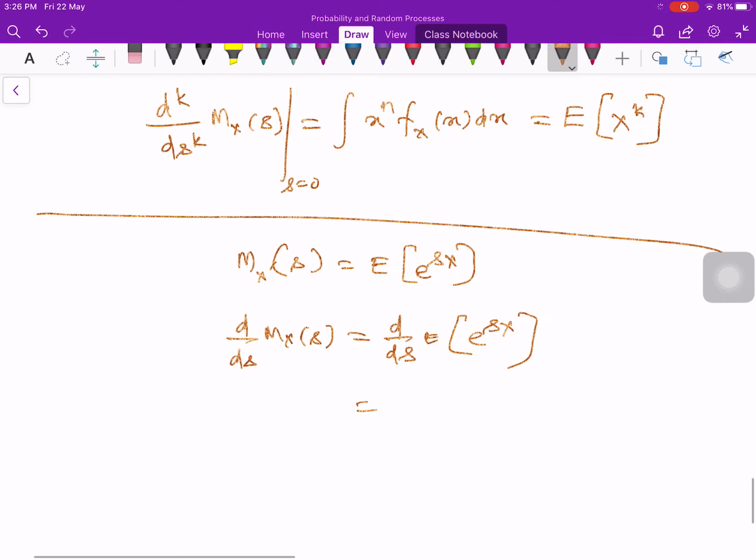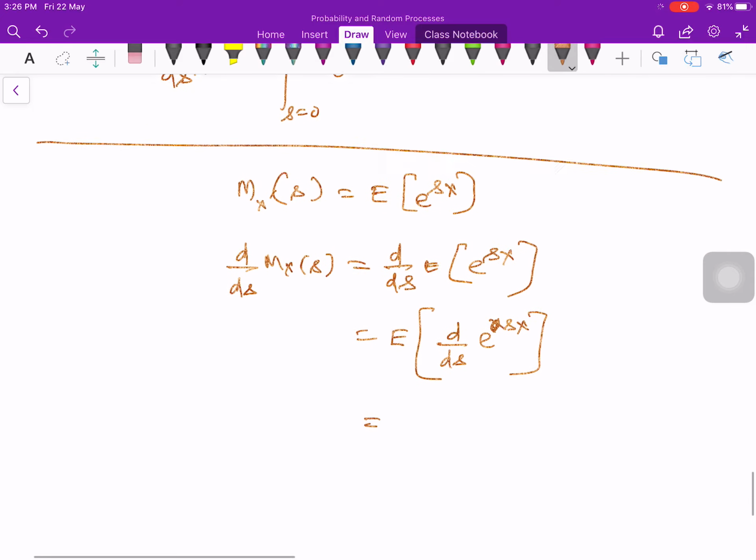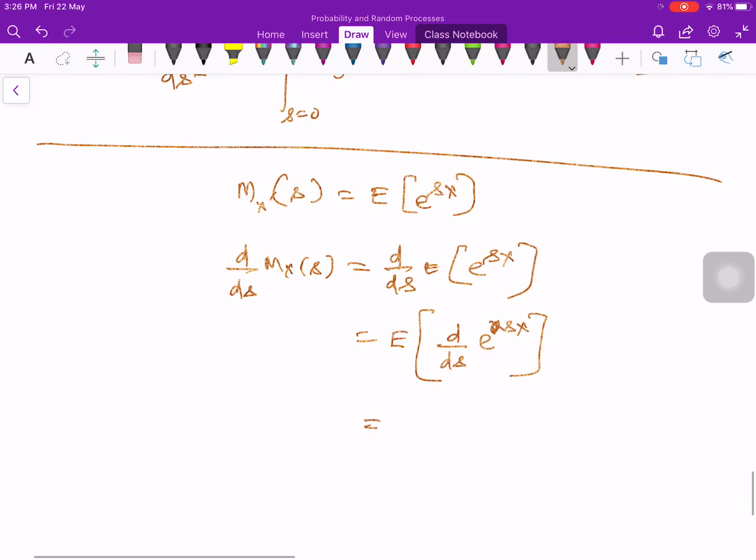Then this is going to be the expected value of d by ds of e to the sx. Now x is a constant here, so the expected value of x times e to the sx, and again you get the same conclusion, the same formula.